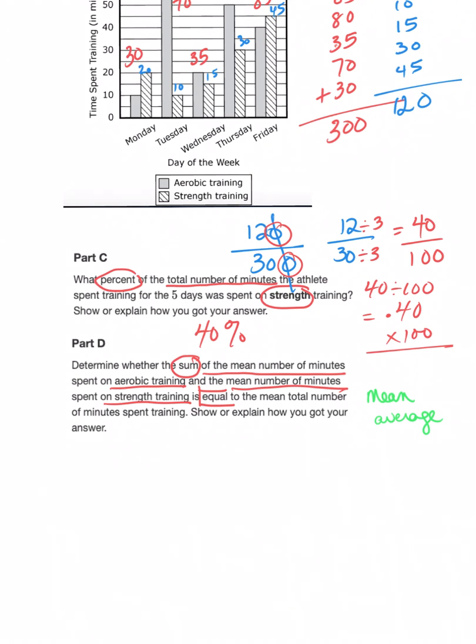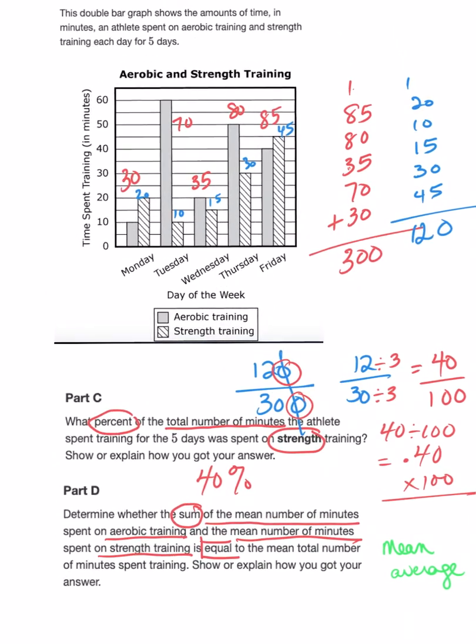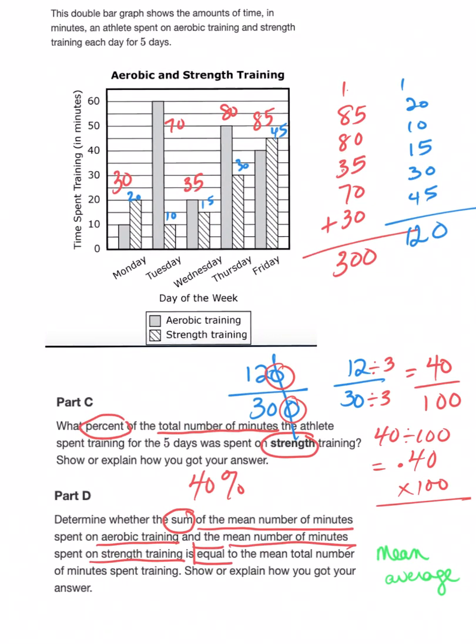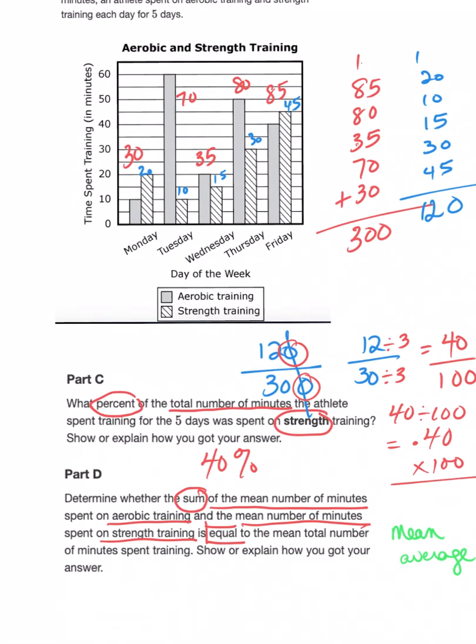So to find the average, we get the sum of the numbers in the set, and then divide by the number of pieces of data. Okay, so in this case, aerobic training. That's the only one we haven't added up yet. Aerobic training is a solid gray. So this is going to be 10.